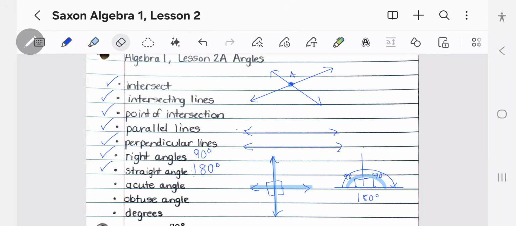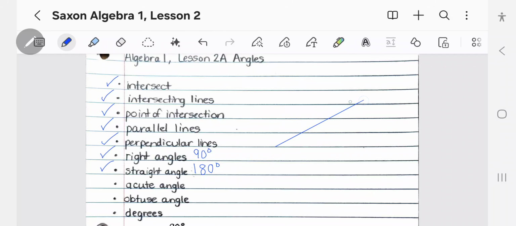An acute angle. Now, we've talked about a 90-degree angle a couple times here. Let's talk about an acute angle. They show this in your book. We're going to draw 2 intersecting lines. An acute angle is going to be less than 90 degrees. Now let's think about this for a minute.